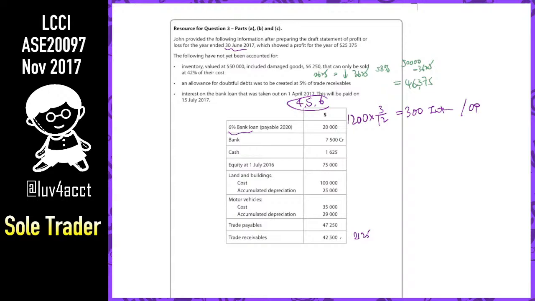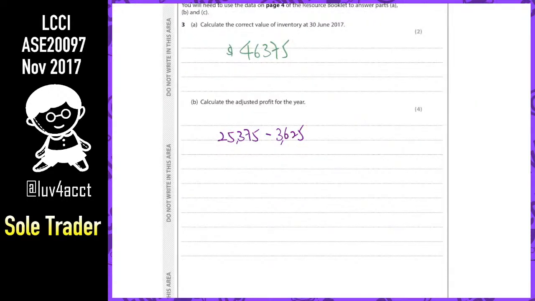So 2125 for allowance for irrecoverable debt, 300 for interest, minus 2125 minus 300. Because for accrual, if we have more accrual, we have more expenses, we have less profit.